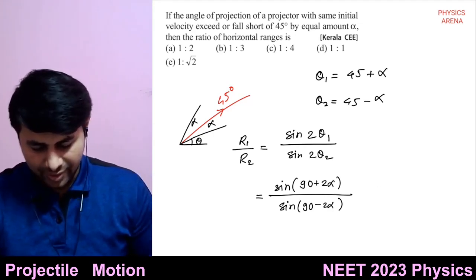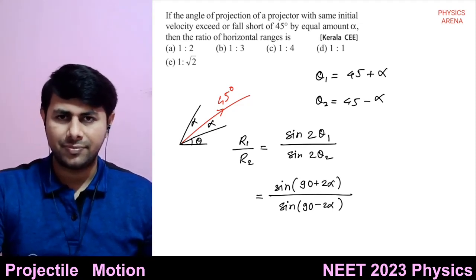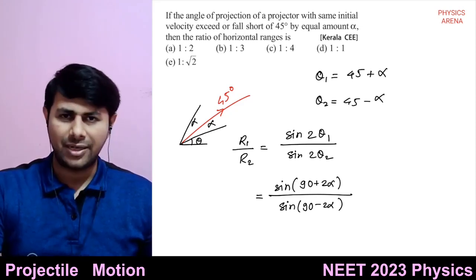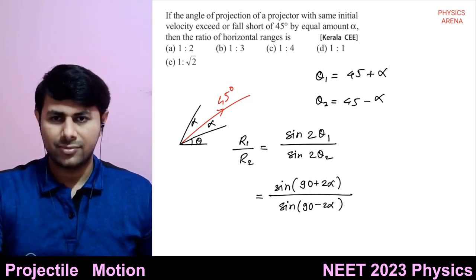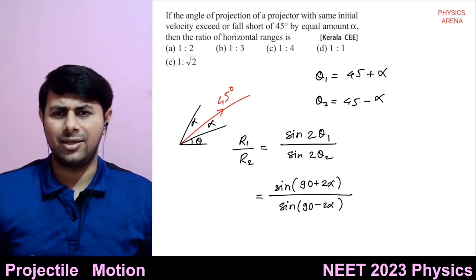Okay, and now what is sine of 90 plus 2 alpha? It will be cos of 2 alpha. Sine of 90 minus 2 alpha is also cos of 2 alpha. Sine of 90 plus an angle, or 90 minus an angle, is cos of that angle. You know this or not?